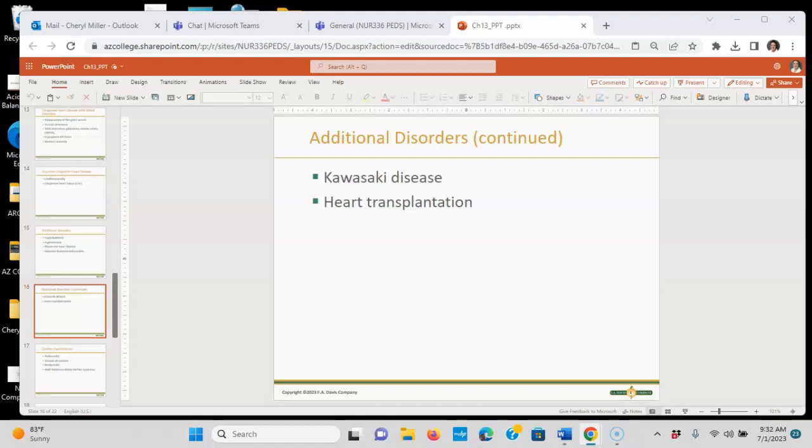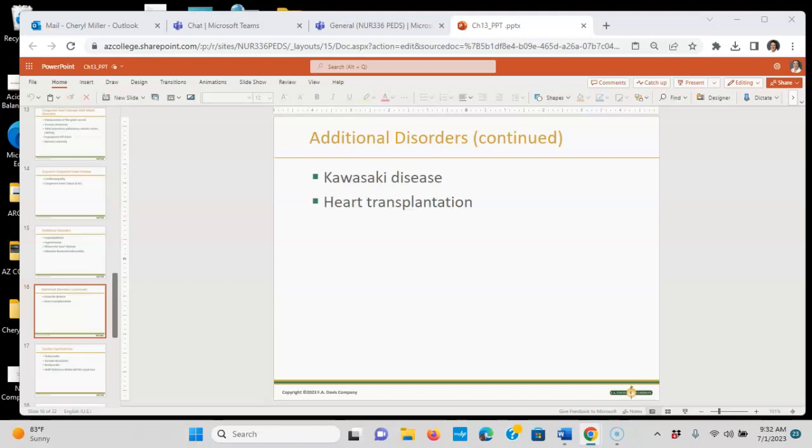The tetralogy of Fallot, this one especially, they love to use because it's all four opening. So you can imagine that the new and the old blood is constantly mixing. This is the kid that would go to surgery fastest. So this kid is right to left shunting.